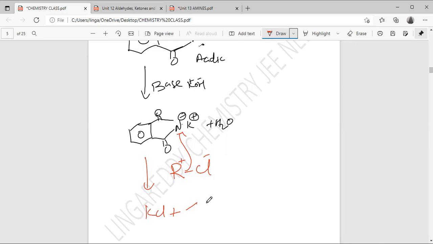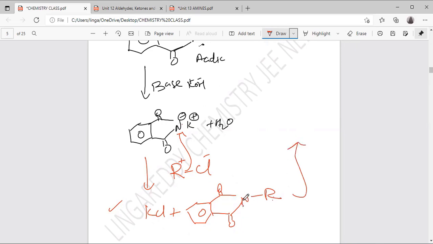Then in this phthalimide the nitrogen is there, and instead of K, now the R group is sitting. This step also clear? Yes, sir.